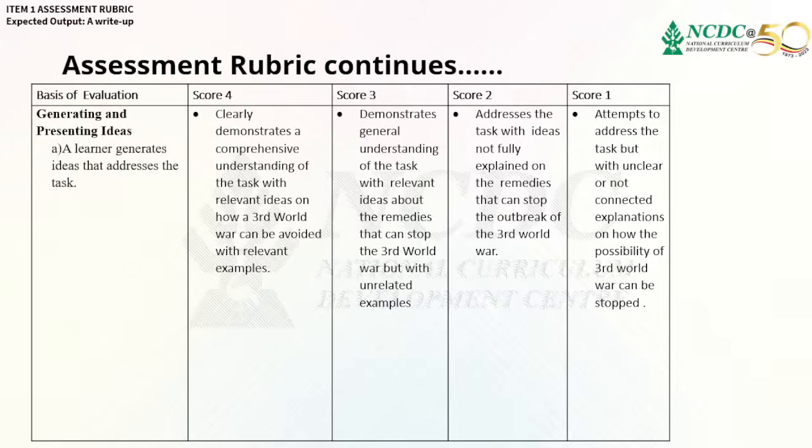Score 2, the learner addresses the task with ideas not fully explained on the remedies that can stop the outbreak of the Third World War. Score 1, the learner attempts to address the task, but with unclear or not connected explanations on how the possibility of a Third World War can be stopped.